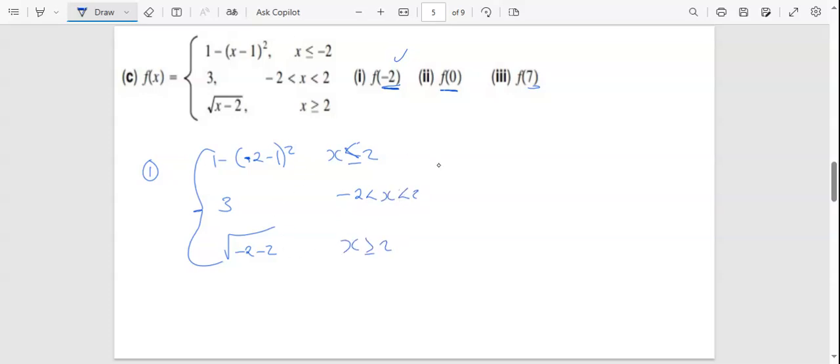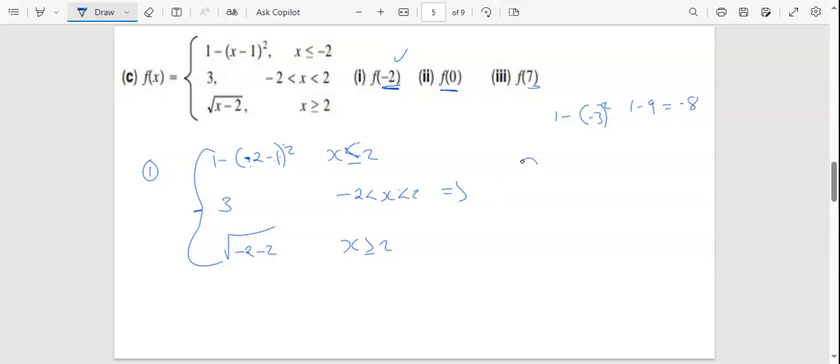So I can still simplify these ones which are here. Inside, that's negative 2 minus 1, which gives negative 3. Negative 3 squared, that would be 9, and 1 minus 9 is negative 8.